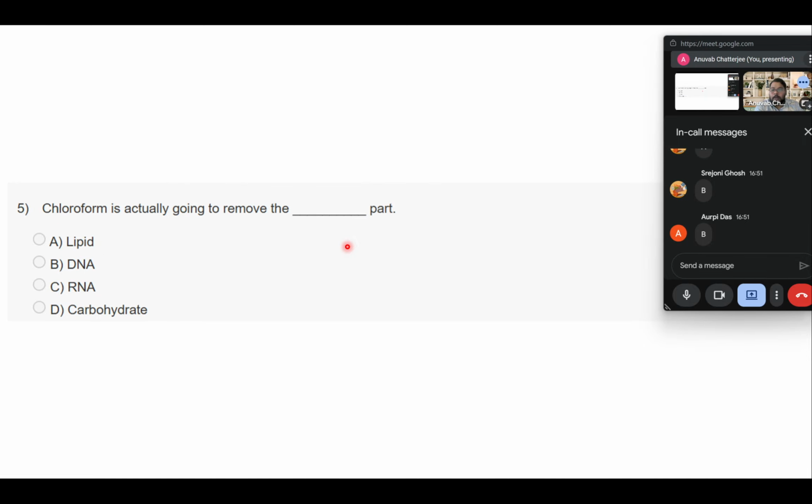Okay. Moving on. Chloroform is actually going to remove the blank part during genomic isolation. The lipid, the DNA, the RNA, or the carbohydrate.